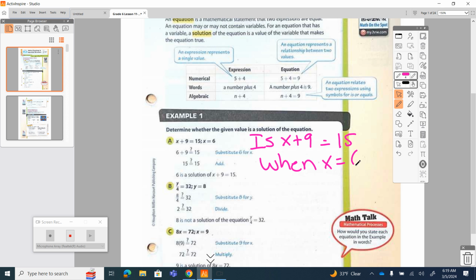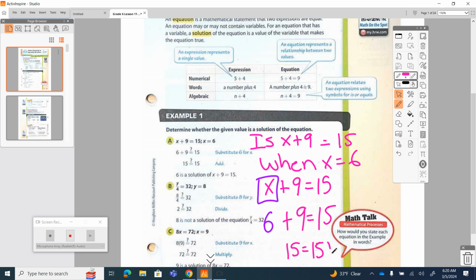So you're going to plug those in. x plus 9 equals 15. This is your variable. You're going to take that out and plug in 6. 6 plus 9, 15 is equal to 15. So this is true. Yes, it is a solution.